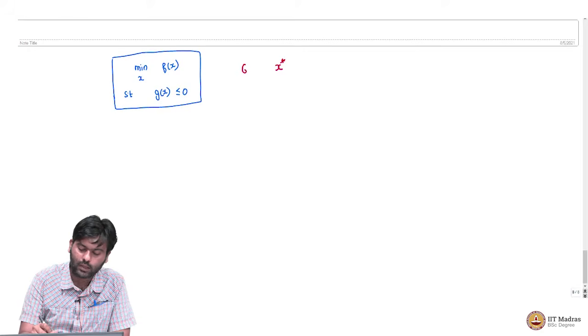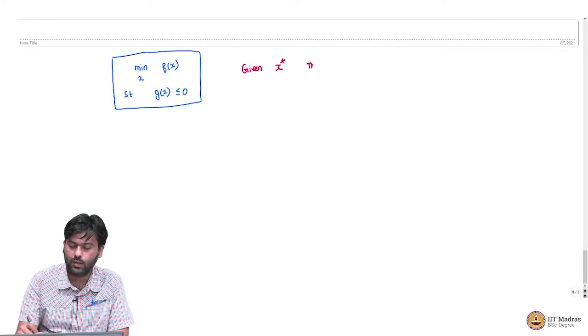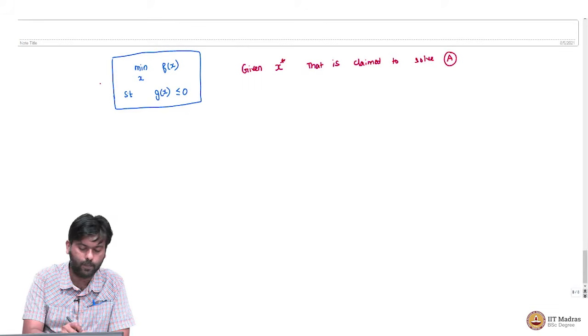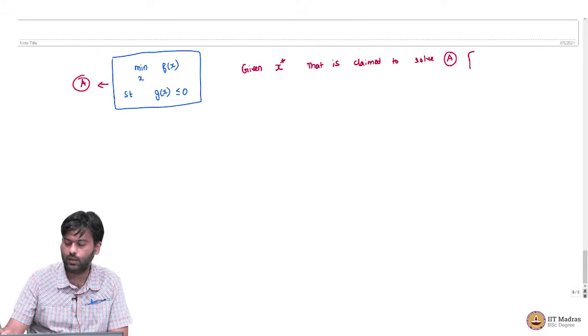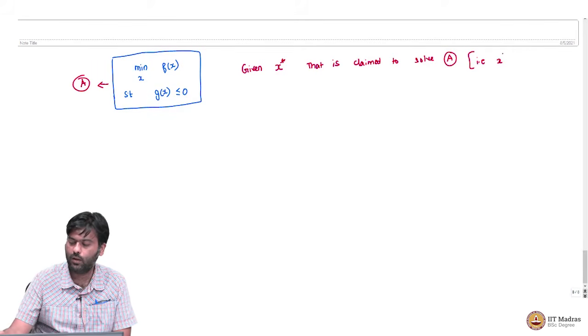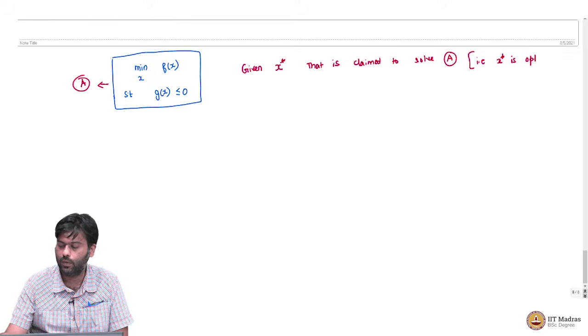Now, given an x star that is claimed to solve, let us call this problem A, that is, x star is optimal.